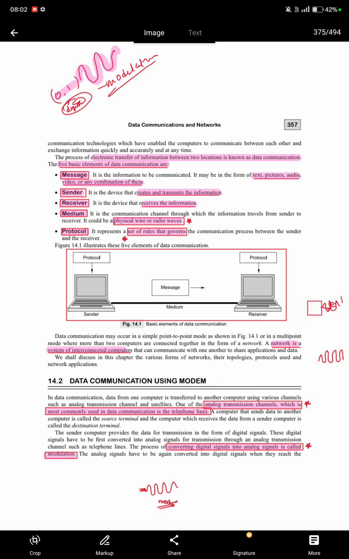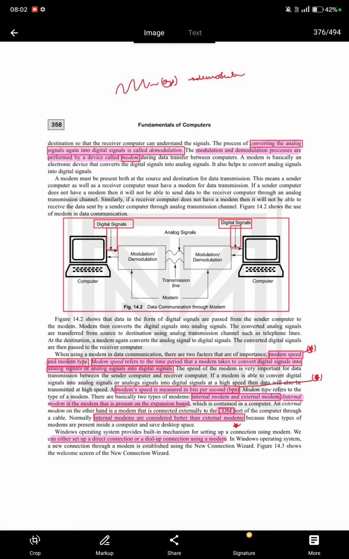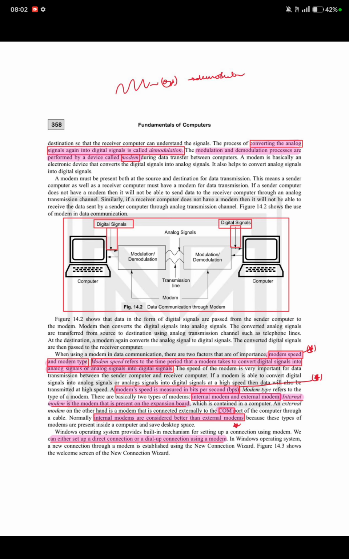Data communication using modem. The analog transmission channel most commonly used in data communication is the telephone line. Converting digital signals into analog signals is called modulation, and converting the analog signals again into digital signals is called demodulation.